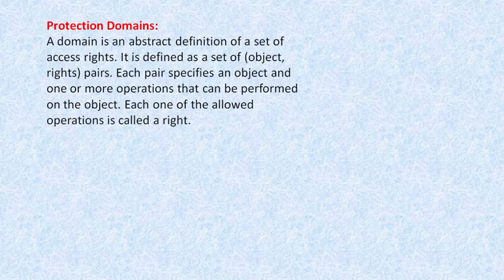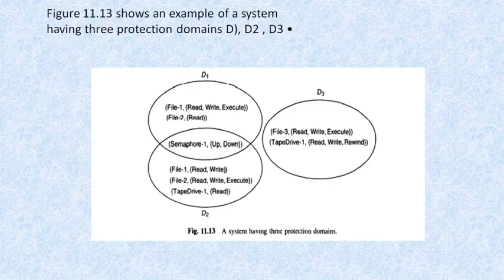This is an example which shows three protection domains: D1, D2 and D3. Domains need not be disjoint; they can intersect, and the same access right may simultaneously exist in two domains. For example, semaphore 1 with up and down is in both domains D1 and D2.